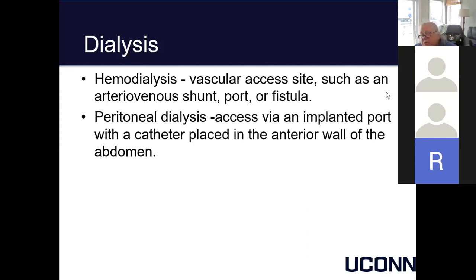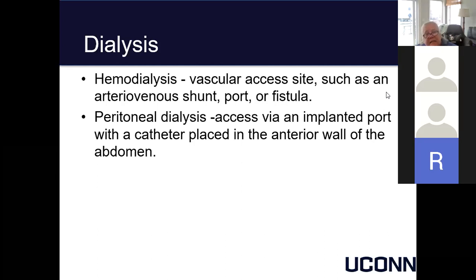We usually say those are temporary, but again, with so many patients having such significant vascular disease, needing renal replacement therapy, we're seeing a lot more of those different external catheters being used for dialysis access.